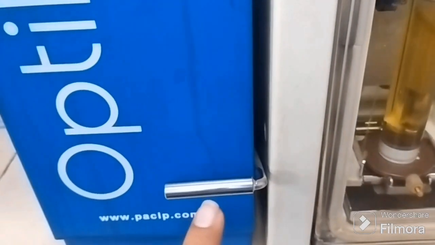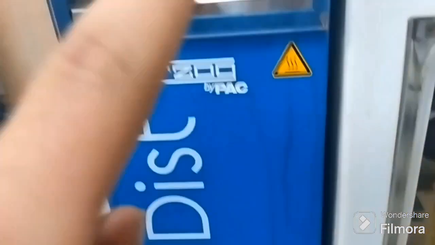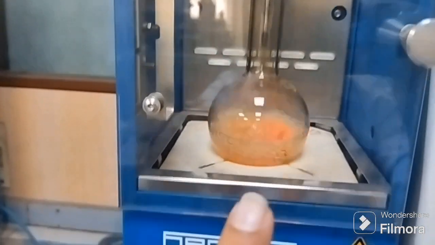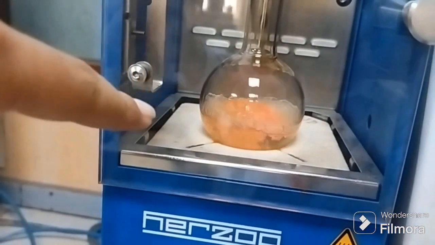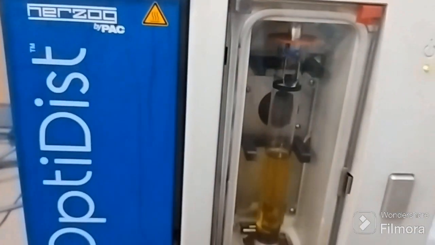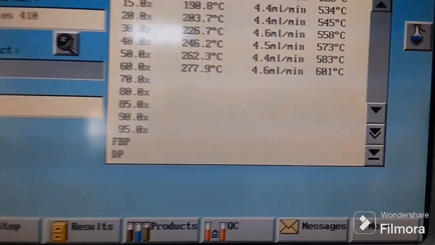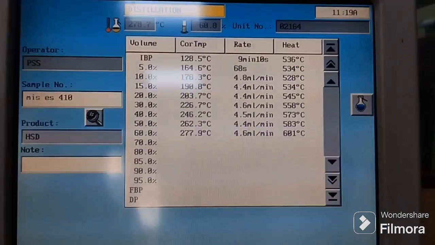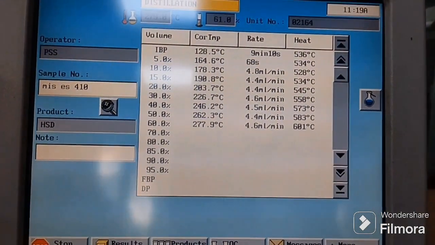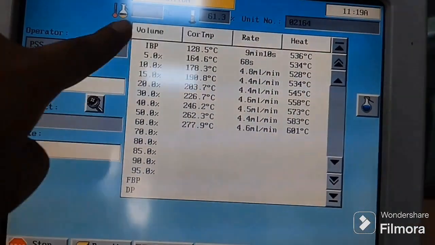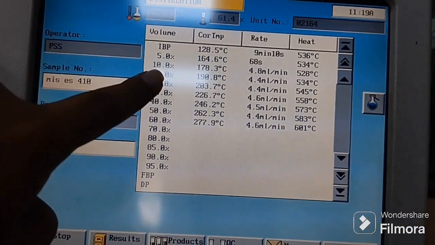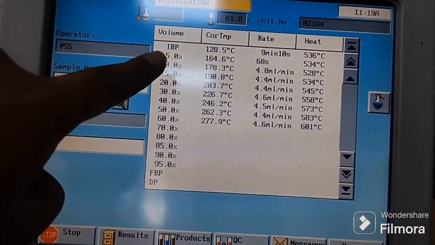So if we go down, this is the lever, right? If you press that lever, that white base plate, which I can point towards now, will go down when we push down the lever. Currently you can see the reading: 60% of the volume has been recovered, and the vapor temperature observed is 227.9 degrees.